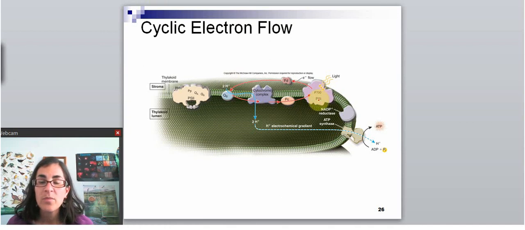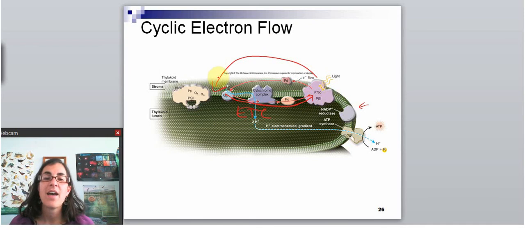So an electron in P700 is excited by light energy, but instead of passing that electron over here to NADP plus reductase, it passes it back into the electron transport chain. The electron then flows down and lands back in P700. So the electron gets excited, passed down the electron transport chain, and lands exactly back where it came from. That's what makes it cyclic electron flow.